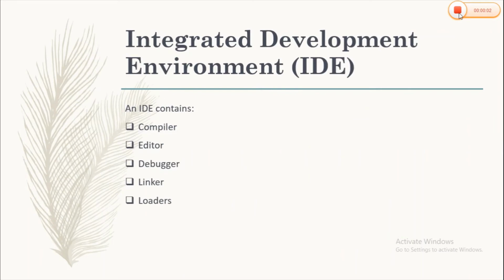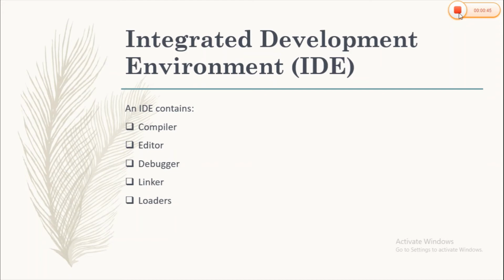For writing code, we need an environment in which we can write our code, check whether it is correct or wrong, debug our code, etc. An IDE, or integrated development environment, is an environment in which we can write our code. An IDE must contain a compiler, an editor, a debugger, a linker, and loaders. Briefly, a compiler translates our program into computer language.